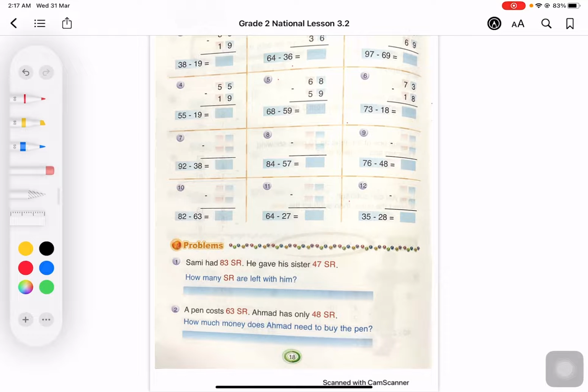Can you take 9 from the 8? No. So what are you going to do? Regroup. So cross this. Okay, I will not solve this one. I will solve question 4.